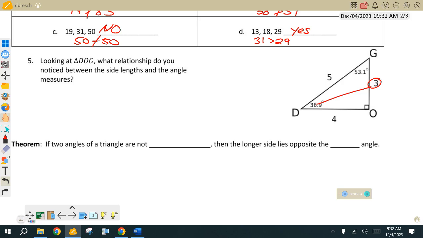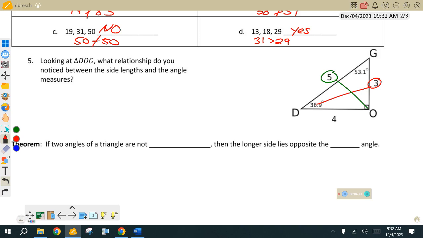You remember that the largest angle, which in this case is angle O? Angle O is opposite GD, which is 5, the hypotenuse. So if I'm opening up to 90 degrees, it makes sense that it's going to make the largest side.